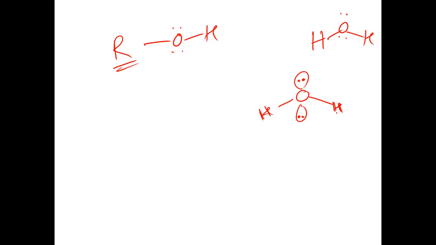We have two hydrogens attached to oxygen, and the bond angle is, if it is sp3, what should the bond angle be? 107? 107.35. Okay? But the bond angle in alcohol deviates from that.